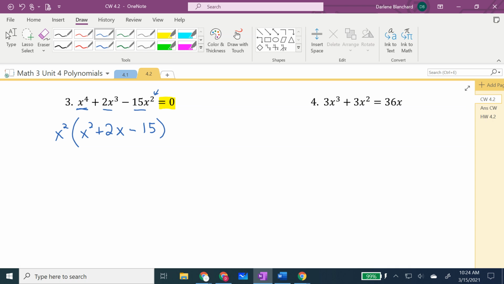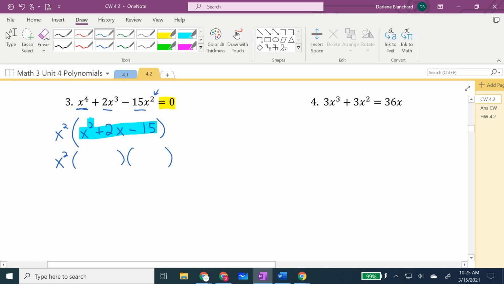When you factor something out, look at what's left over. If it's linear, meaning you've got like 2x plus 1, x minus 5, you don't have a 2 exponent, you're done. But this is quadratic, so you're not done, and you're going to keep factoring. You still want to have that x squared.